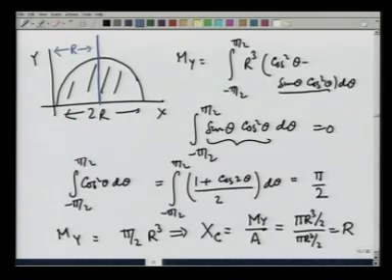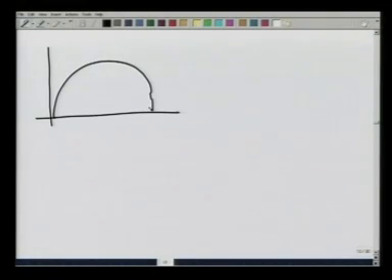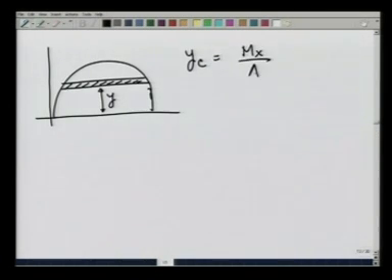How about the y coordinate of the centroid? Let us calculate that. To calculate the y coordinate, I take a strip like this at a height y. So, y c is nothing but m x divided by the total area, which is integration y dA divided by the total area.